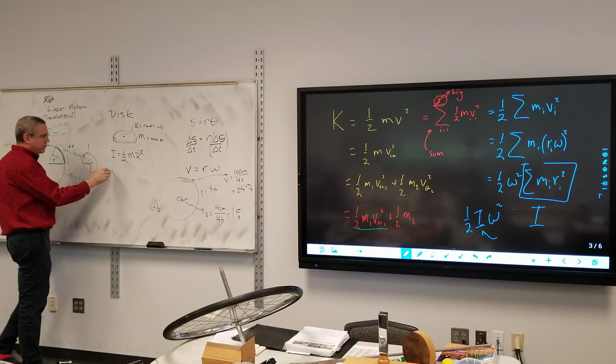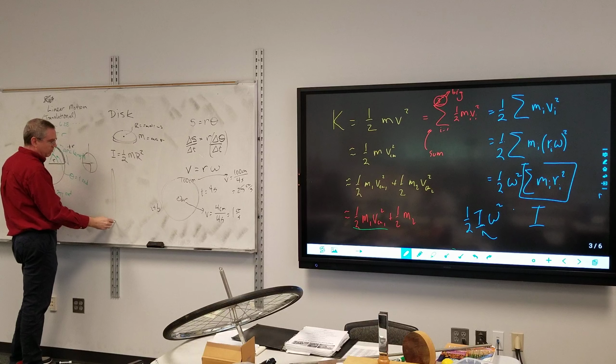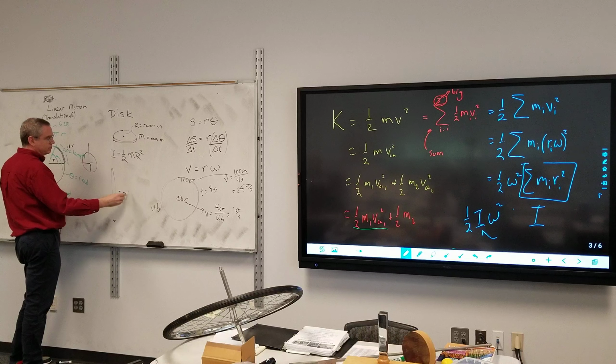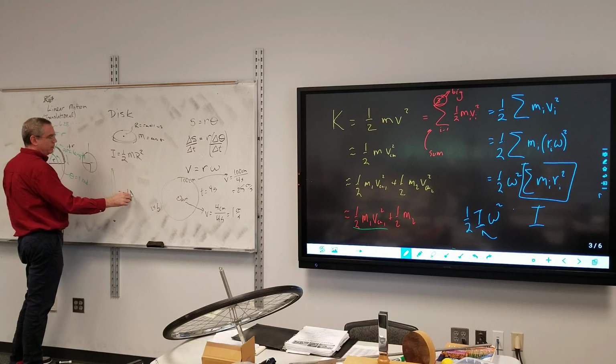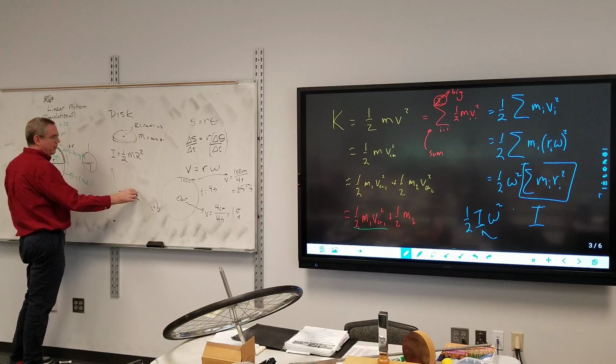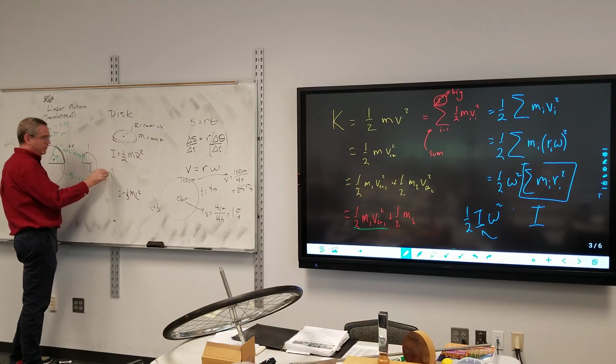If I have a long skinny rod rotating about the end, the moment of inertia is 1/2, nope, sorry, try that again, 1/3 mass times the length squared, where that's the length.